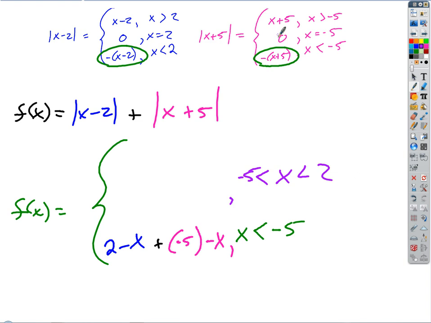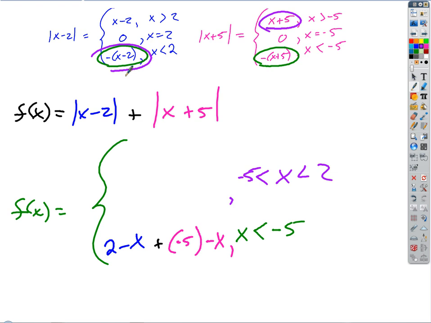Well, when x is greater than -5, the pink function is doing that, right? Yeah. Okay. For the blue function, when it's greater than -5 but less than 2, isn't it doing that still? Yeah. See what I'm saying?